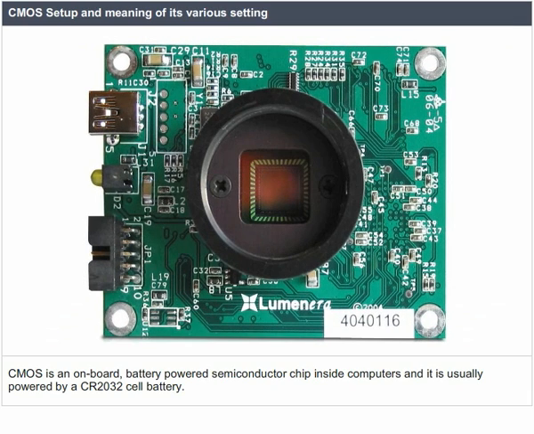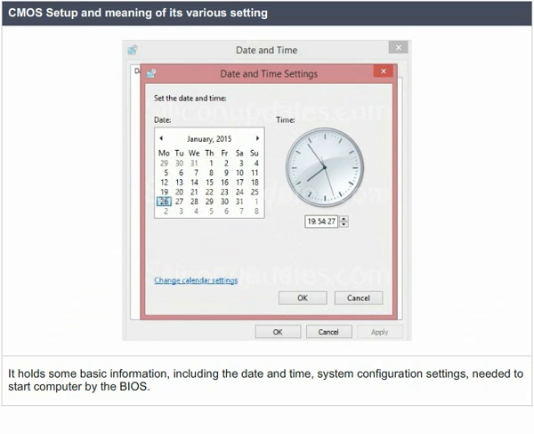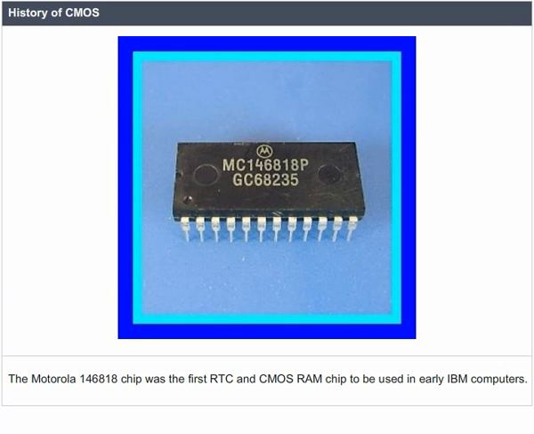CMOS is an on-board battery-powered semiconductor chip inside computers, and it is usually powered by a CR2032 cell battery. It holds some basic information including the date and time, and system configuration settings needed to start the computer by the BIOS.